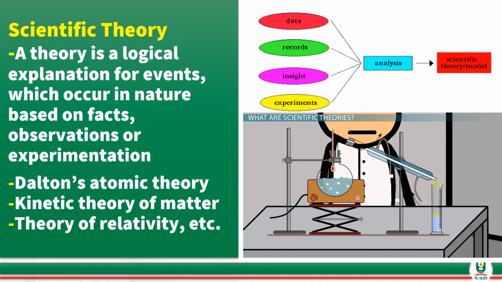Then experiments are performed to test their explanation. After studying the facts, making observations, and performing experiments, scientists may develop a theory. So it's also a product of science. Common examples of theories are Darwin's theory, atomic theory, kinetic theory of matter, theory of relativity, and so on.